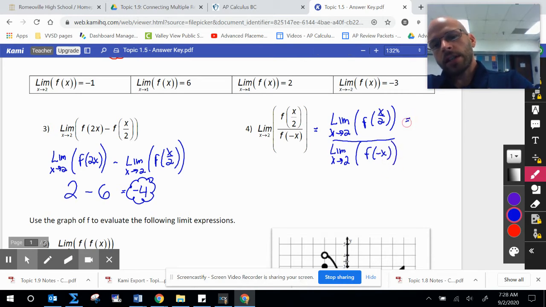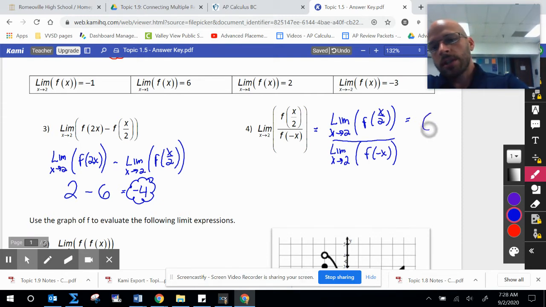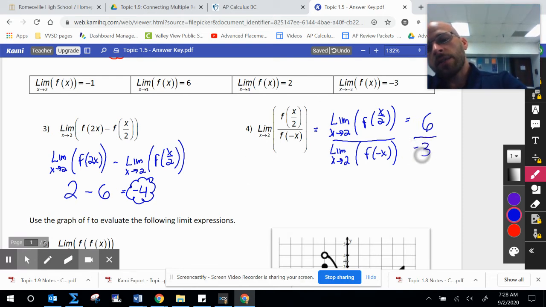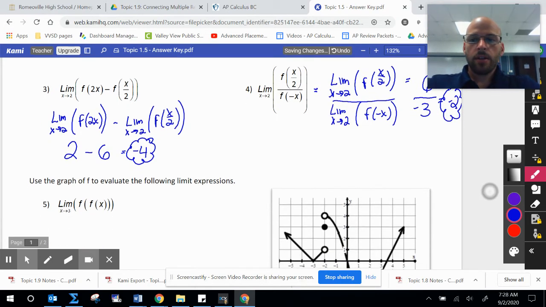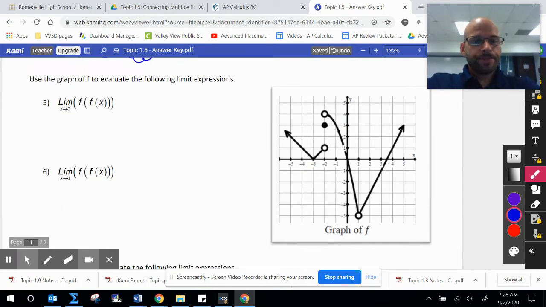So if I do this, the upper limit is going to approach, as x approaches 1, so the whole function will approach 6. And if as x approaches 2, if I substitute that in, it's really as x is going to go to negative 2, so that's going to be a negative 3, and we can reduce that to be a negative 2. Okay? All right, so now I have some compositions.